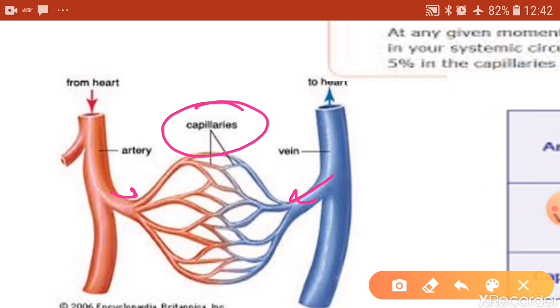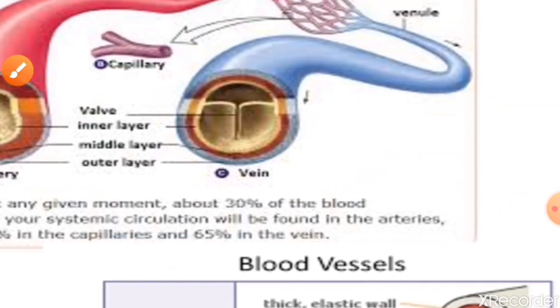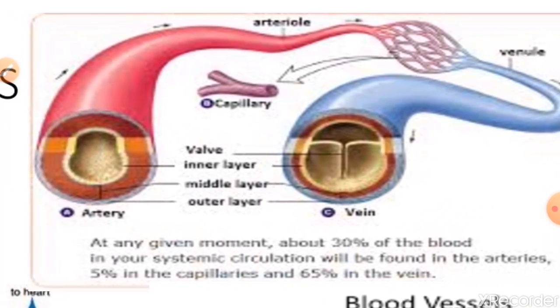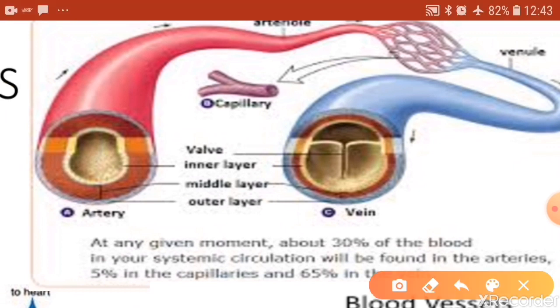There are other differences between these different types of blood vessels, so let us have a look at that also. This diagram clearly shows the other differences between the different types of blood vessels. First, the arteries. This one is a cross section of an artery.